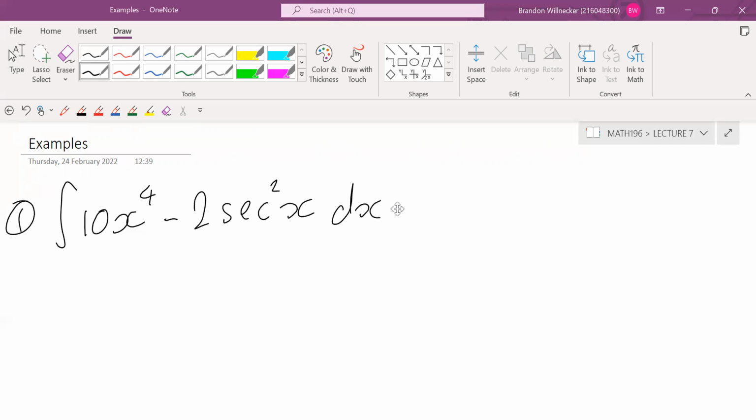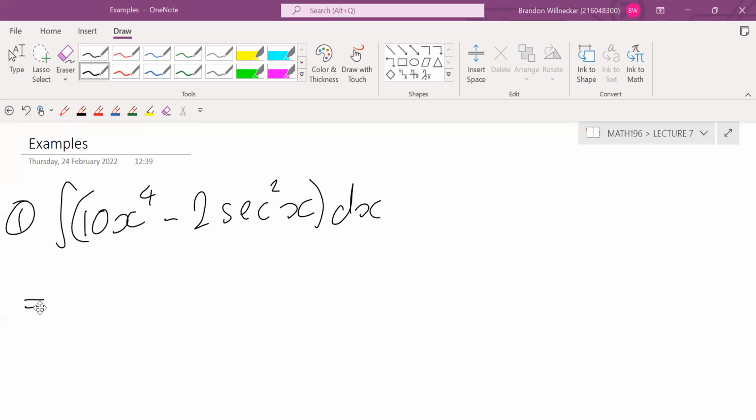We want to solve this. As it is, if we consider this inside part as a function, we can't directly write down the answer. We need to do a bit of work. So what we do is separate this into individual problems that we can solve separately. Or if you can do it all in one step, that's perfectly fine as well.